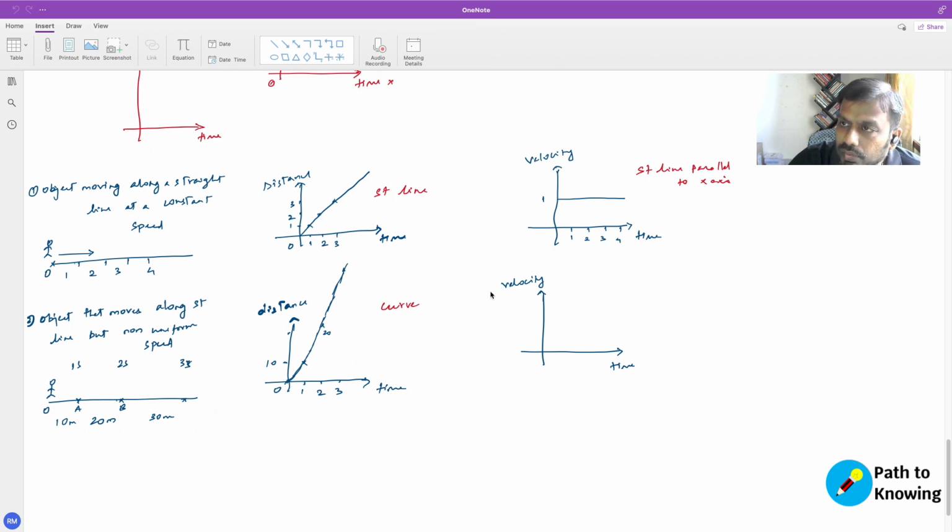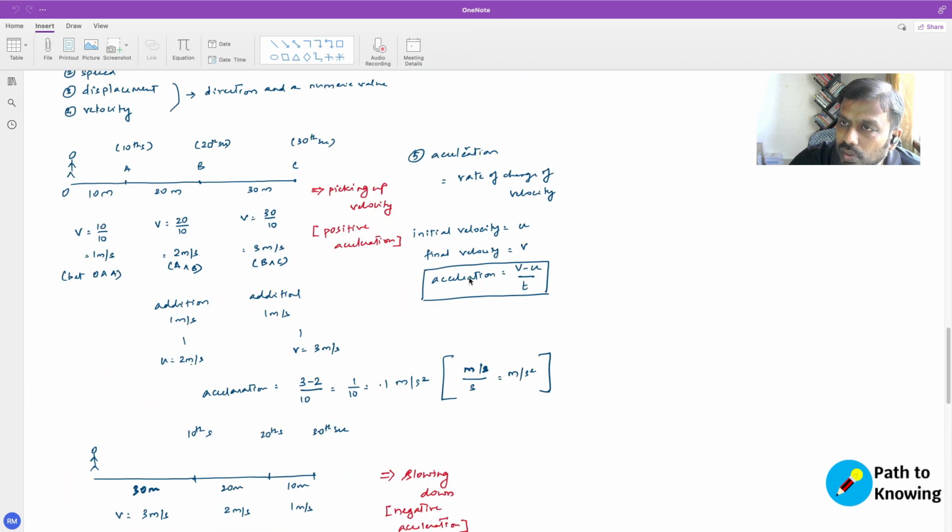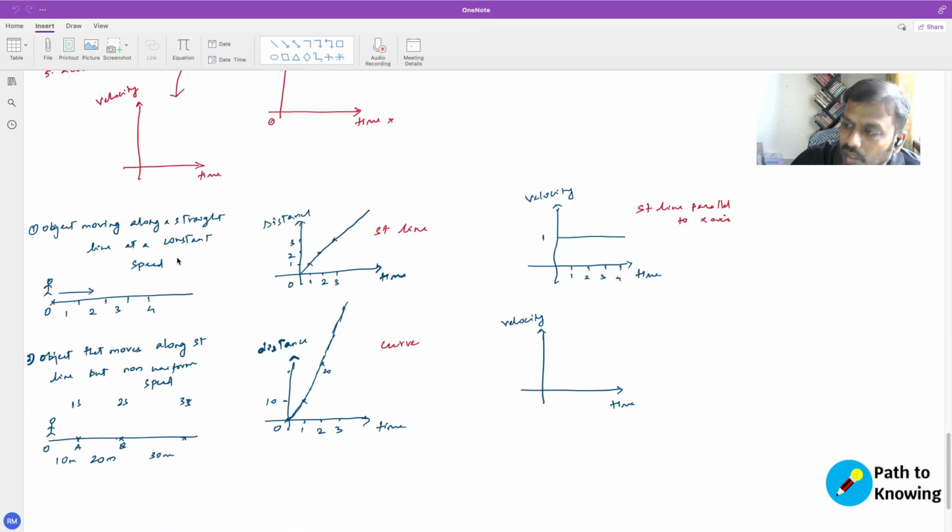So in our example, if I try to plot this example of a person moving from O to A, A to B and B to C, we see that their velocity changed from 1 meter per second to 2 meters per second to 3 meters per second, right? So if you try to plot this in our graph, it would be like 1, 2, and 3, right?